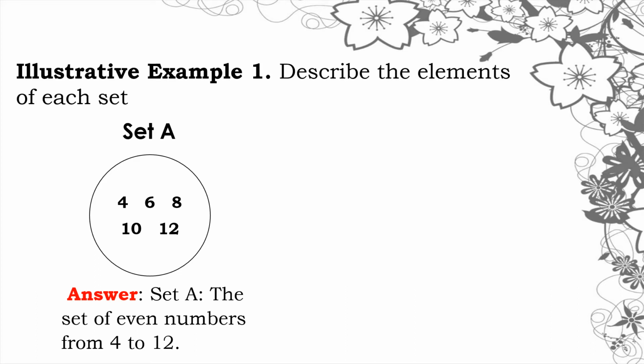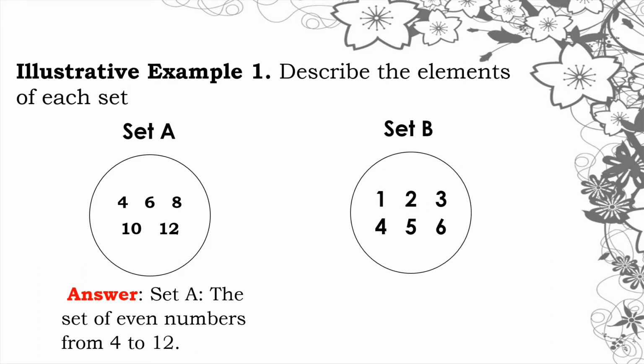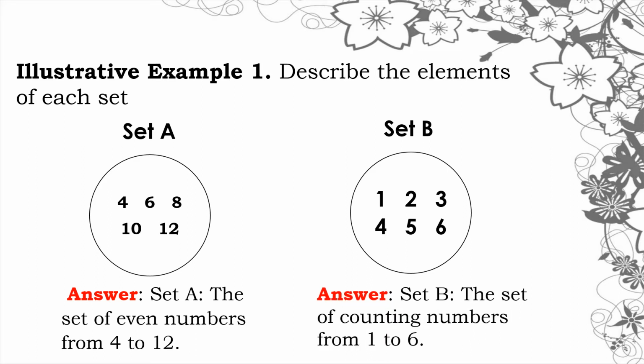Next, we have set B: 1, 2, 3, 4, 5, and 6. How do you describe the elements of set B? Set B is the set of counting numbers from 1 to 6.